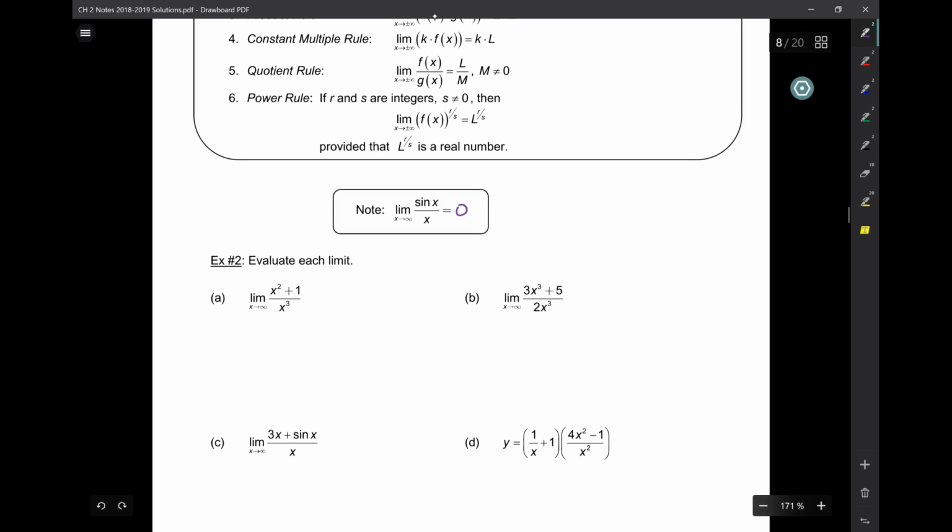Remember yesterday I told you this was a famous function? See? It's back. It's actually got a buddy. The limit as x approaches infinity of cosine x over x is also 0. I know, it's pretty cool. They're buddies.